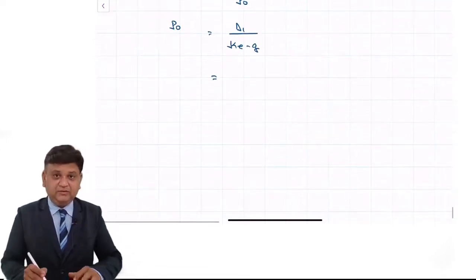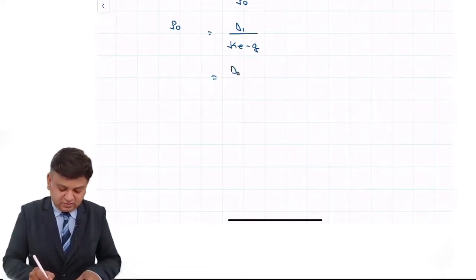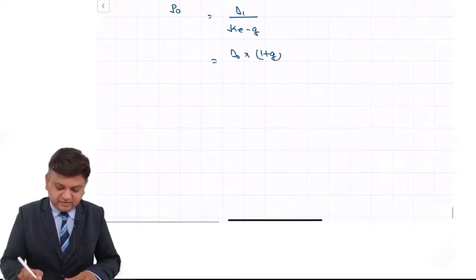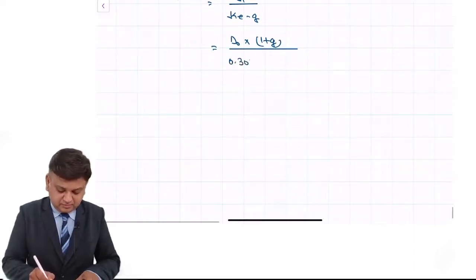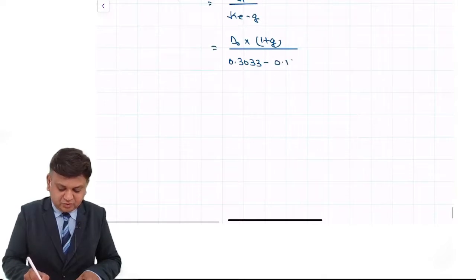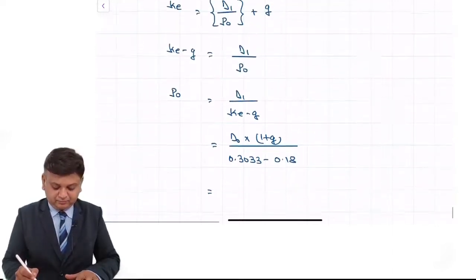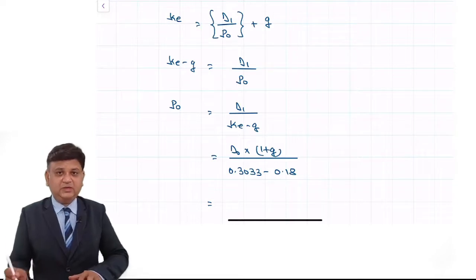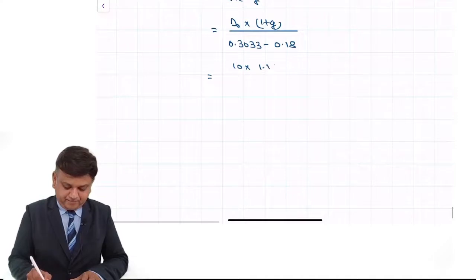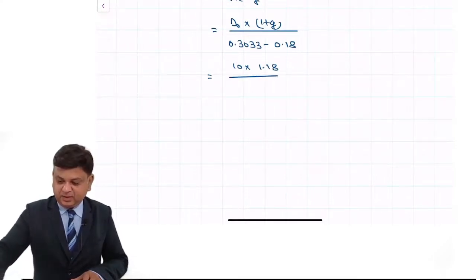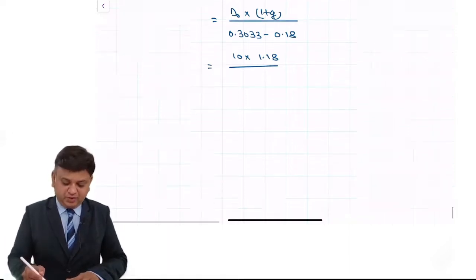Now how to calculate D1? D1 is found as D0 into 1 plus G, divided by cost of equity, which is 30.33, less growth rate of 18%. What is D0? D0 is rupees 10 into 1.18, divided by 0.3033 less 0.18, so 0.1233.